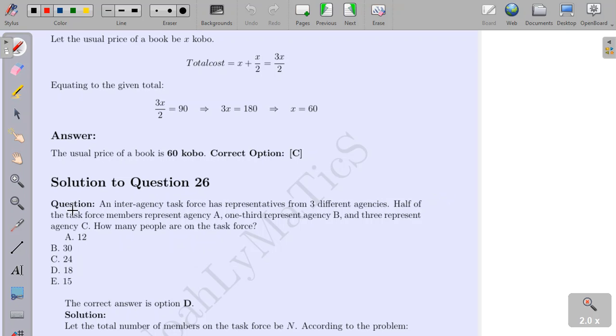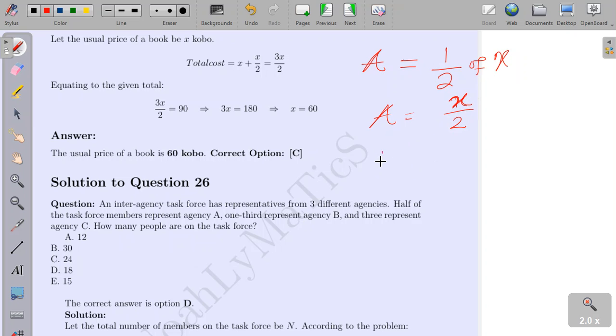Half of the task force members represent agency A. For agency A, how many task force members do you have? Half of the task force members. Let's say the task force members number x. I don't know how many members I have. So from agency A, we have half of x. That's x over 2.